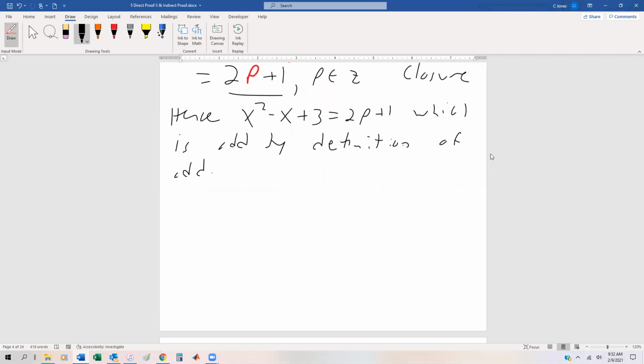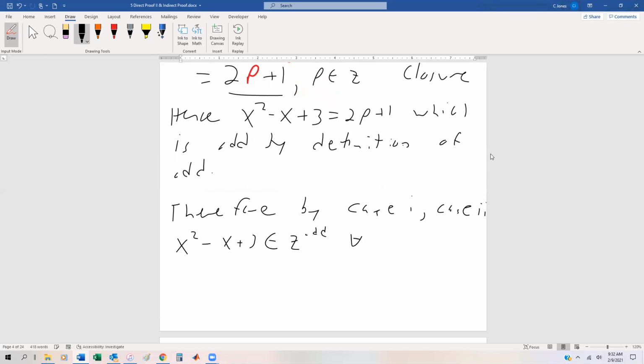All right, so we can say, therefore, by case 1 and case 2, x squared minus x plus 3 is an element of z odd for all x in the integers. All right, and that's kind of our closing statement because we've proven it for both.